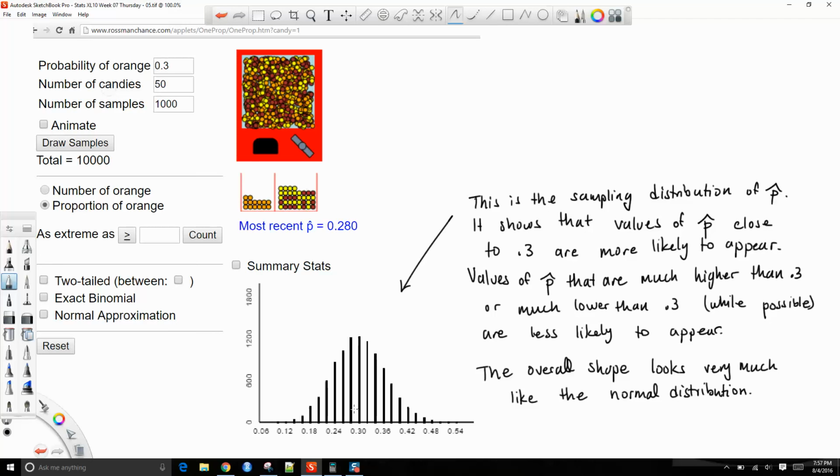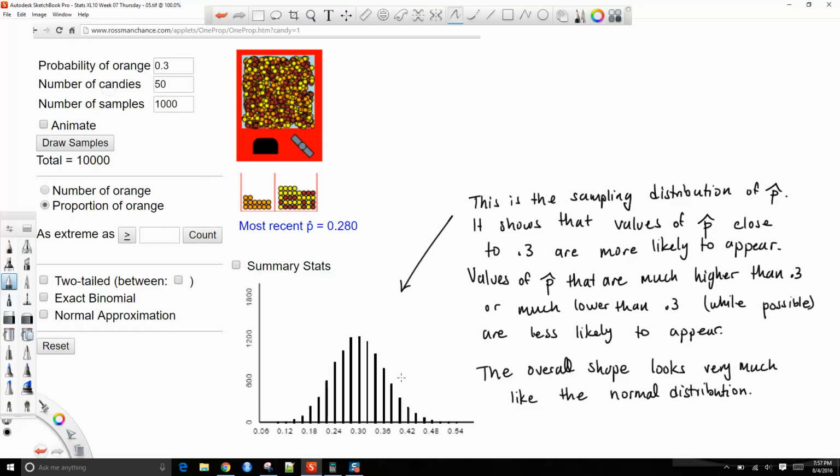The true distribution is a little more complicated, but it looks very much like the normal distribution, so we're going to just pretend that it's like the normal distribution and go from there. Okay? All right. Is this okay?